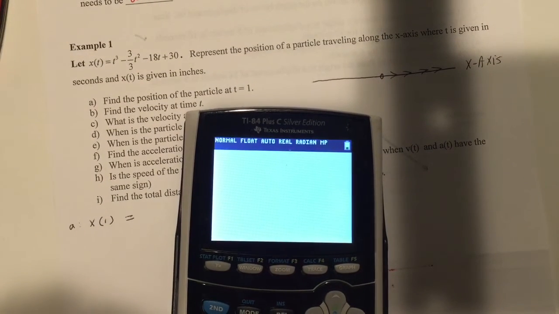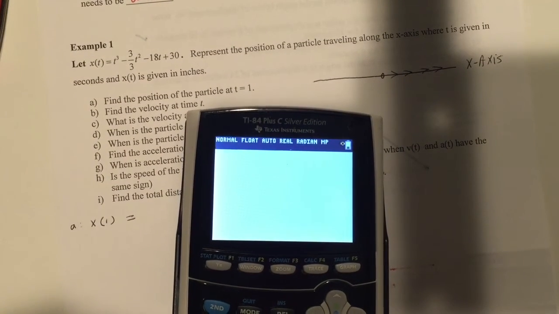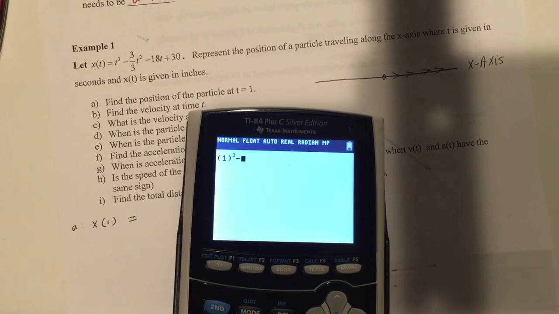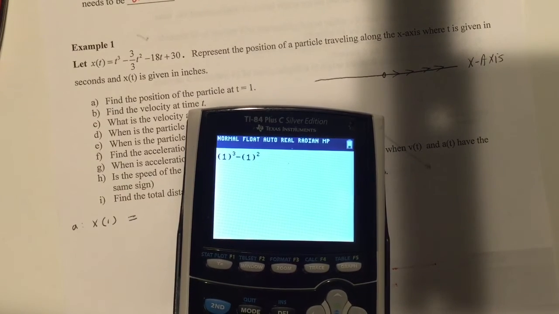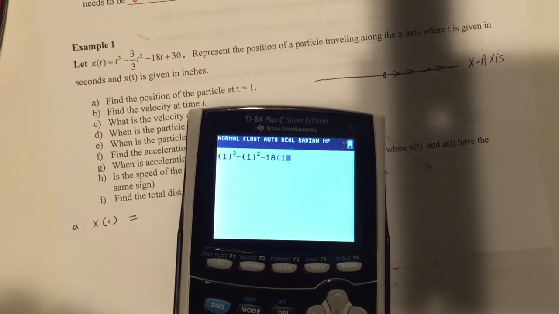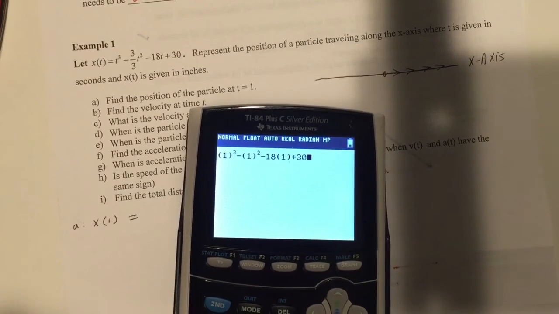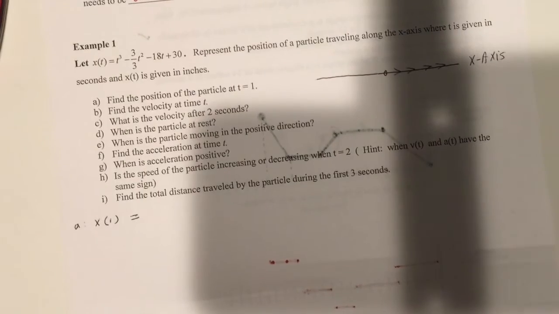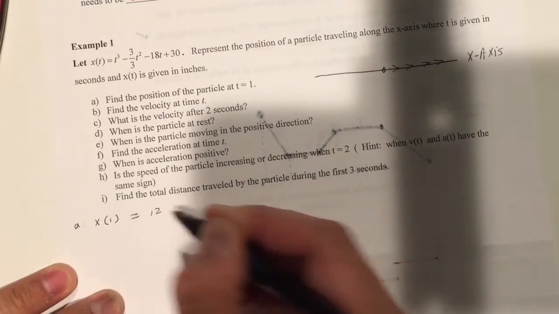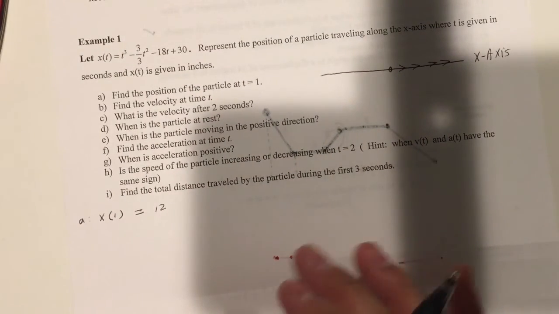So we take 1, raise that to the 3rd power, minus 1 squared, minus 18 times 1, plus 30, we end up with 12. So at the end of the 1st second, its position is 12.